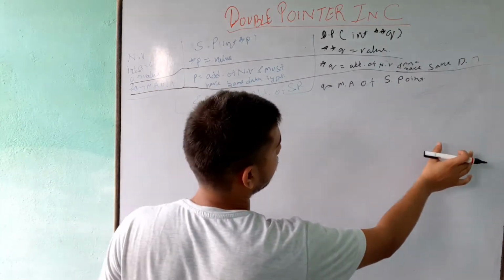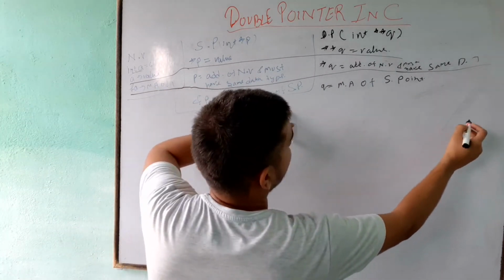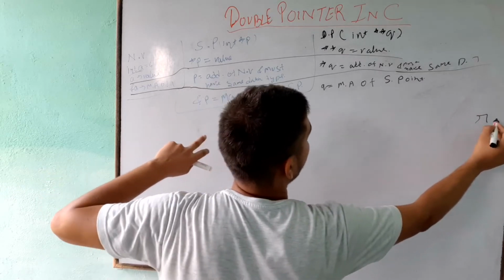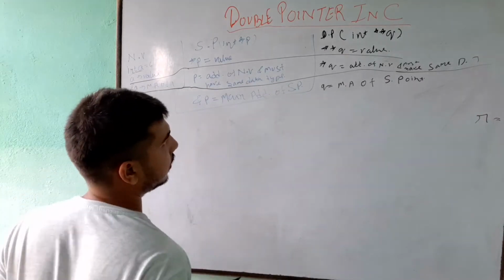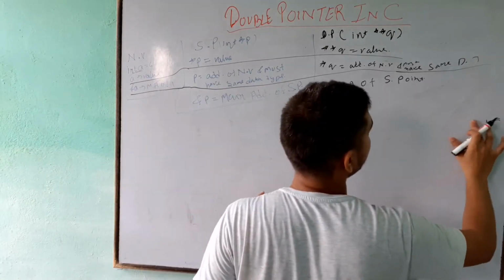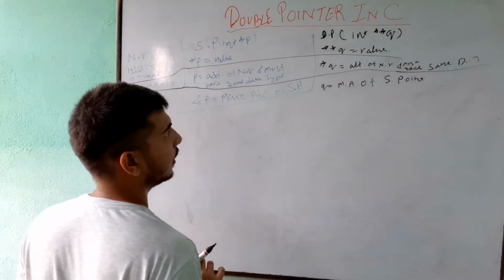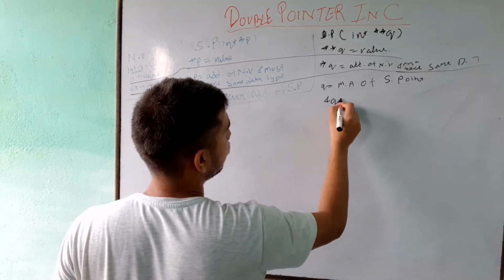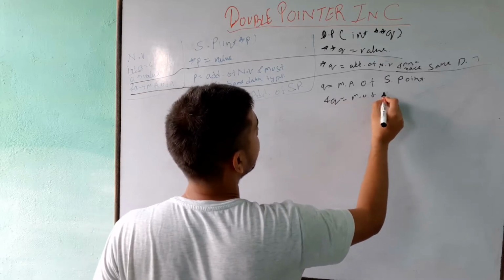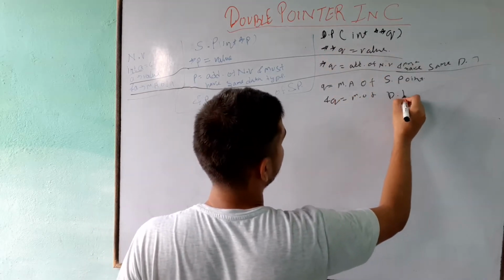Now if there is a third pointer, let's say r, it will be holding the main address of the double pointer. See the range. When we do the examples it will get more clear. And &q will be the main address of this double pointer.